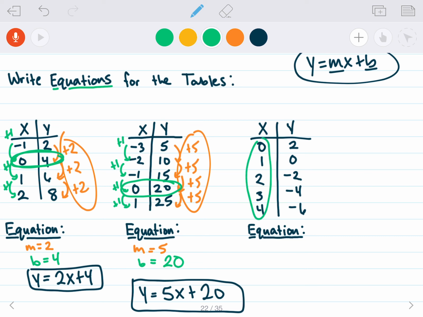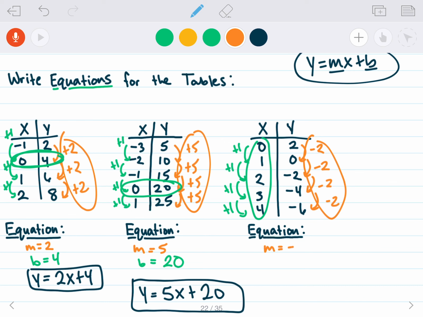Okay. All right, let's go ahead and look at these. So we have from 0 to 1 is plus 1, from 1 to 2 is plus 1, 2 to 3 is plus 1, 3 to 4 is plus 1. Now for the y values, from 2 to 0 is minus 2, from 0 to minus 2 is minus 2, negative 2 to negative 4 is negative 2, and negative 4 to negative 6 is negative 2. So negative 2 is my slope, right?